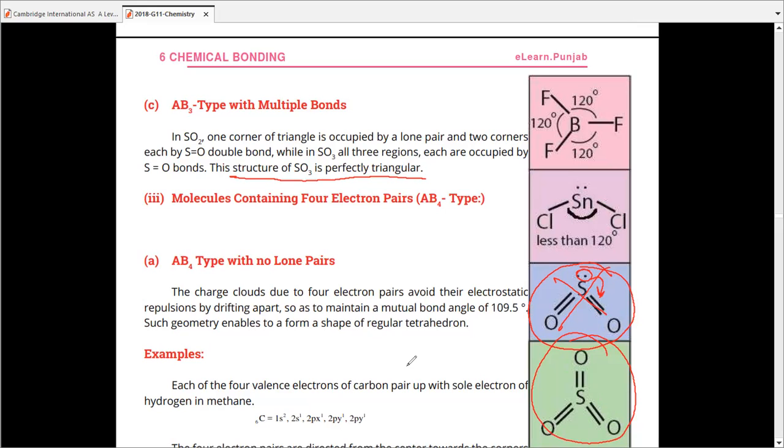You can say there are three bond pairs and all of them actually repel them with equal forces. You can say there are three bond pairs and the bond pairs are double bonds, or they have four electrons and four electrons exert equal forces on the rest of the four electron based bond pairs. Whatever you'd like to say in terms of bond pairs, double bonds, four electrons, but them exerting an equal amount of force on all sides would be a perfectly good answer.